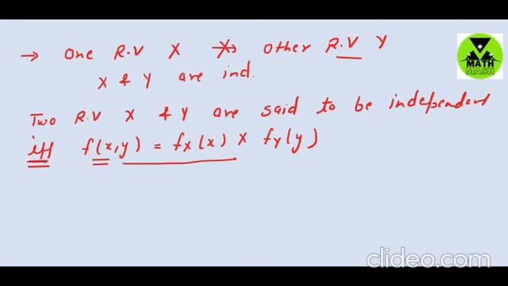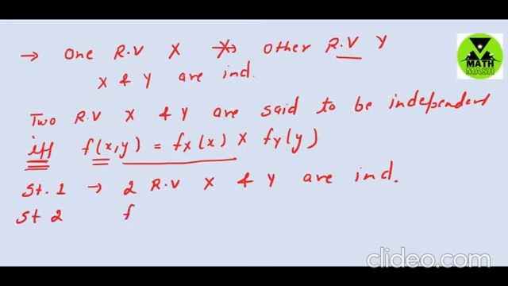Now, what does this if and only if condition mean? Statement 1 is that the two random variables x and y are independent, and the second statement is that fxy, the joint distribution, is the product of the marginal densities.